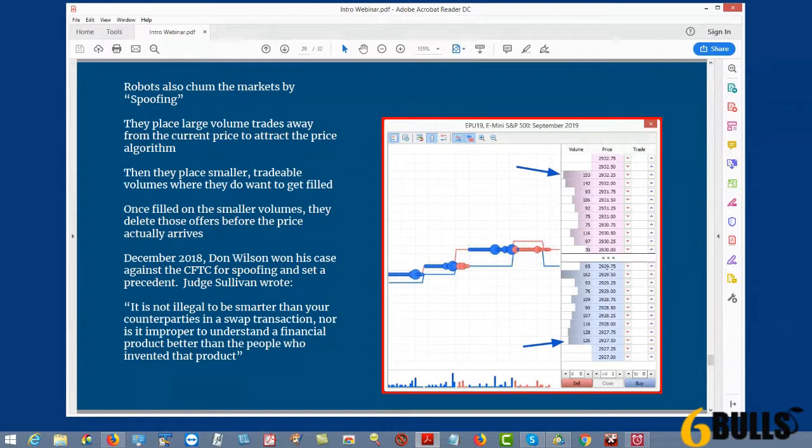Well, if you're a robot, what you'll do, let's say you get in at 29.75, is you put a whole bunch of potential trading contracts way up here out of range, maybe at 29.32.25, something out of range.